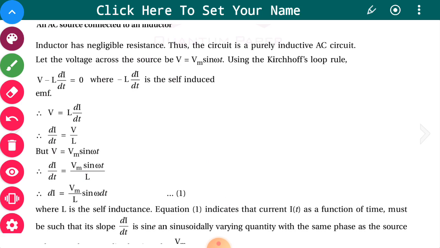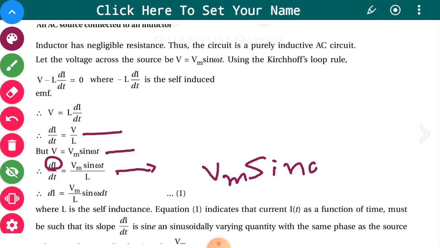Making di by dt the subject, it becomes V upon L. And instead of V, we are writing Vm sin omega t. So di by dt will become Vm sin omega t upon L. If you make di the subject, then it becomes Vm sin omega t dt divided by L. The t is missing here, so you just write it.